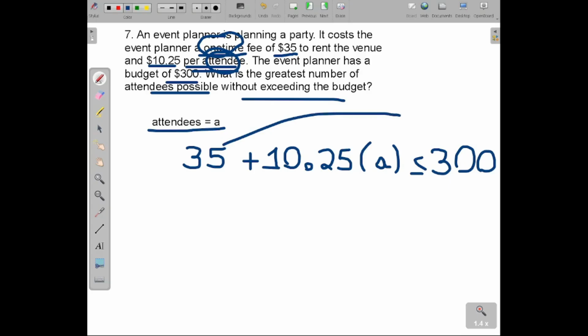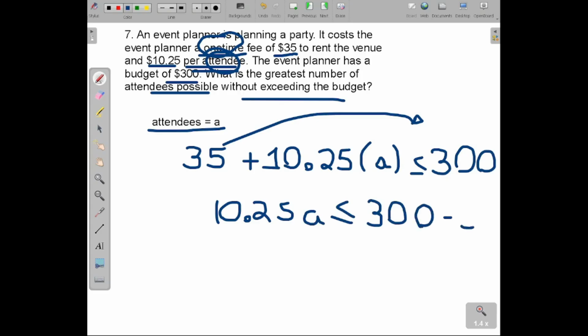So this 35 goes to the other side of the inequality. We have 10.25 times A is less or equal than 300 minus 35. 300 minus 35 is 265.